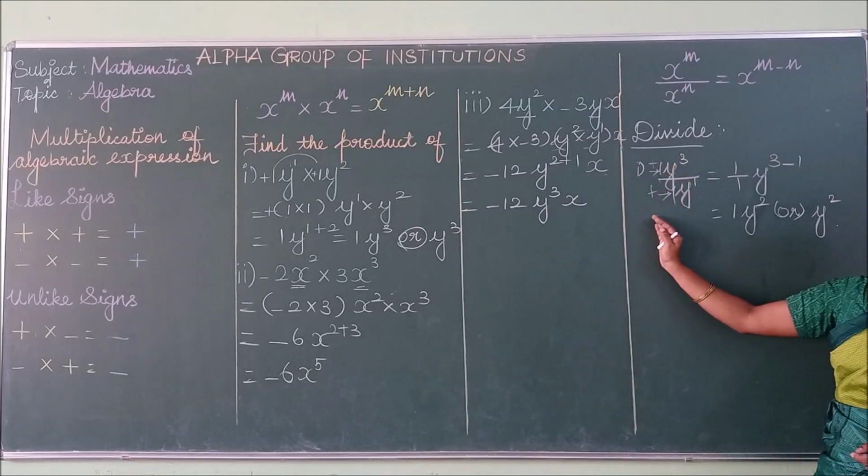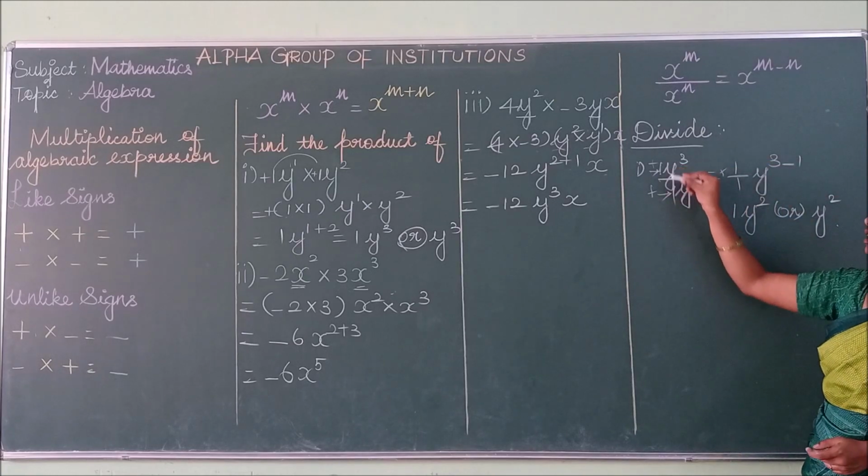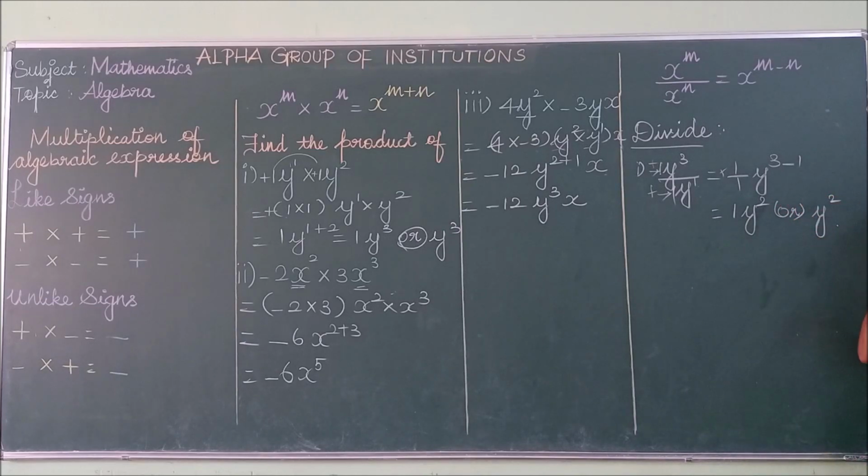Both are in plus sign, so your answer will also be in plus sign. You divide the coefficients first. Then 1 by 1 is 1, y^(3 minus 1) is y^2. So you can write 1 into y^2, or else simply write y squared.